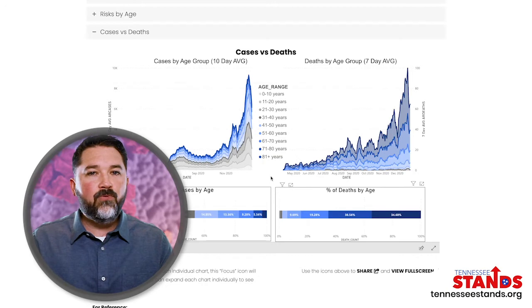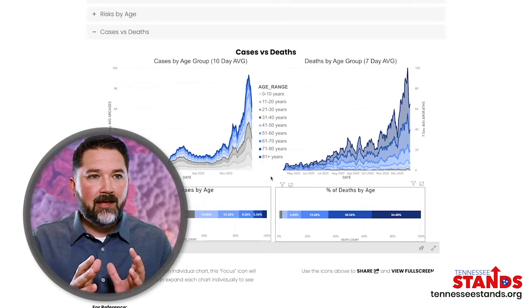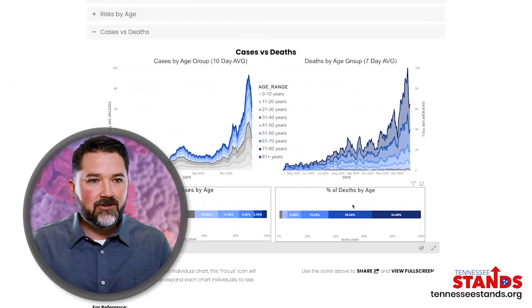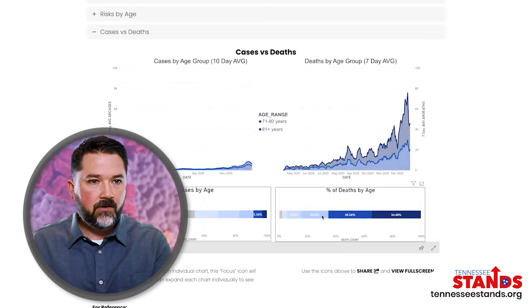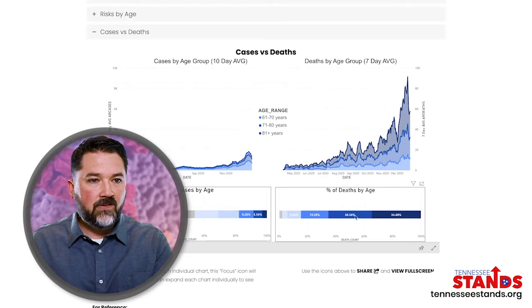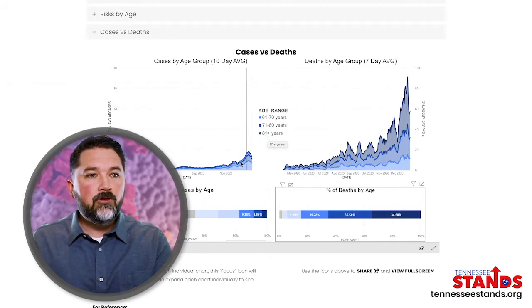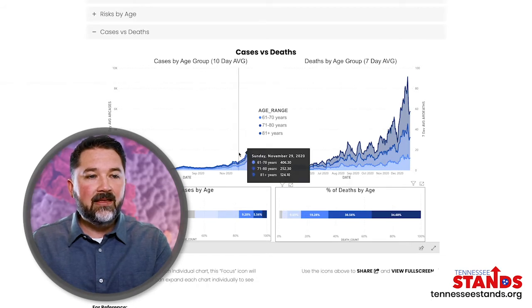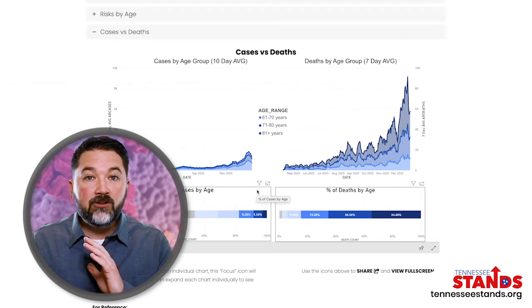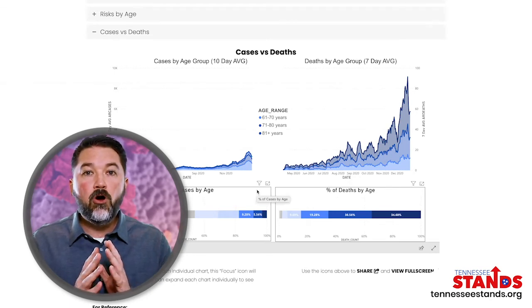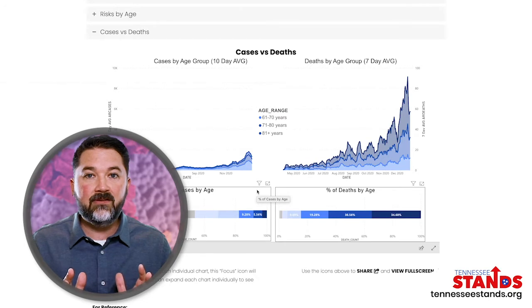The main thing I want you to take away from this is this simple visual. Let me highlight these numbers here. What I've just done is highlight the age groups 61 to 81 plus. You can see on the left that ages 61 and up represent only 20% of all cases that have tested positive for COVID-19.